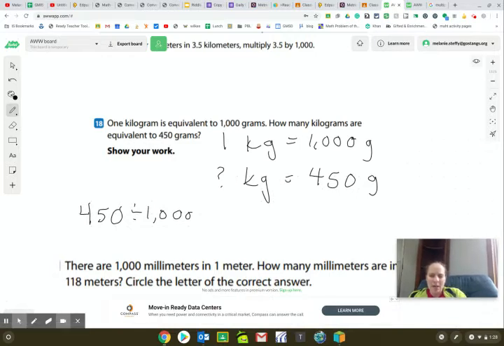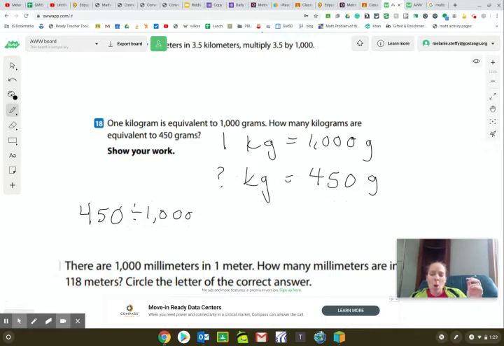If you think about this, and this is kind of an important concept for us to understand, a kilogram is bigger than a gram, which means if you have a whole bunch of grams and you're trying to figure out how many kilograms that is, since you're taking that and making it into a bigger unit, your answer is going to be smaller. Let's kind of use an example that might help you make sense.